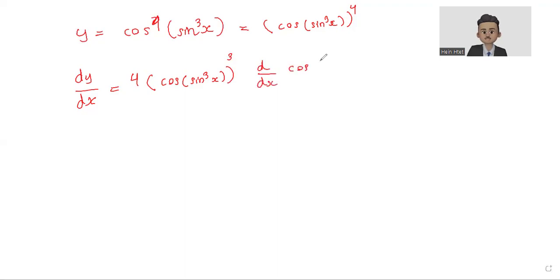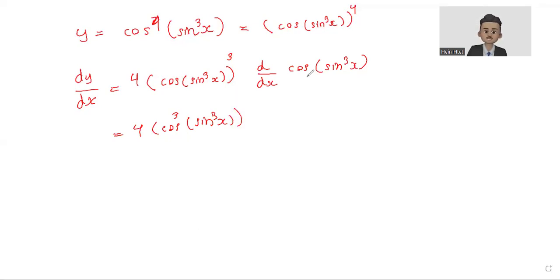The base is cosine of sine cube x, right? For this one, I will copy the same: cosine of sine cube x, the whole cube. And you can also write it like this: cosine cube of sine cube x. It will be the same, right?